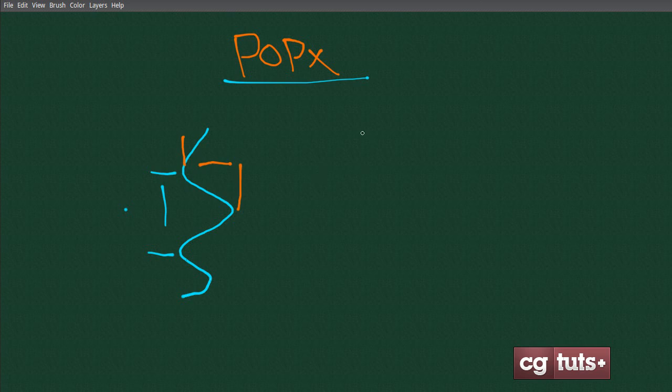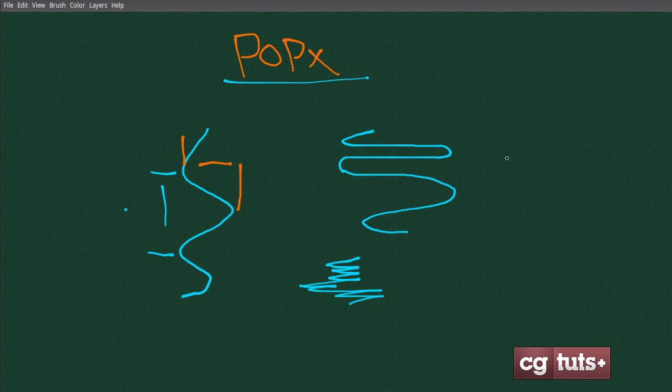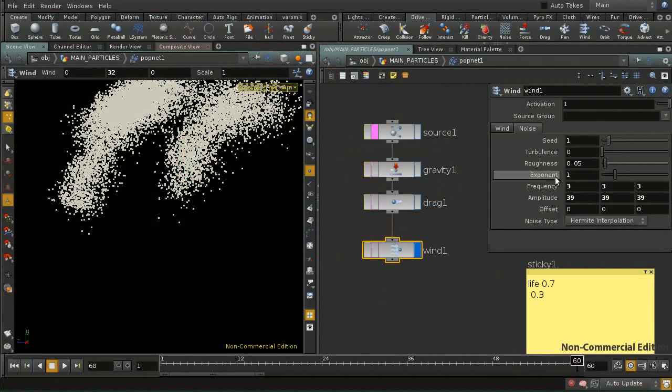So if I add amplitude, I will make the wave like this. If I add frequency, we'll make them smaller like that. So that's what those parameters do.